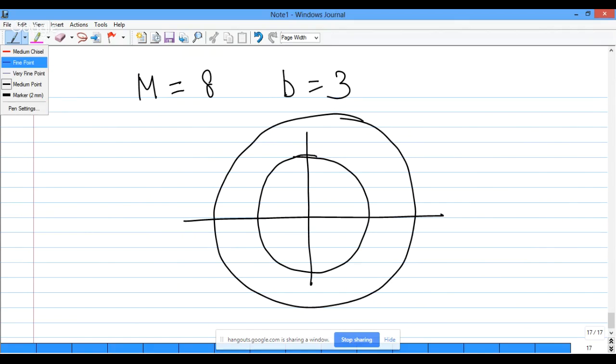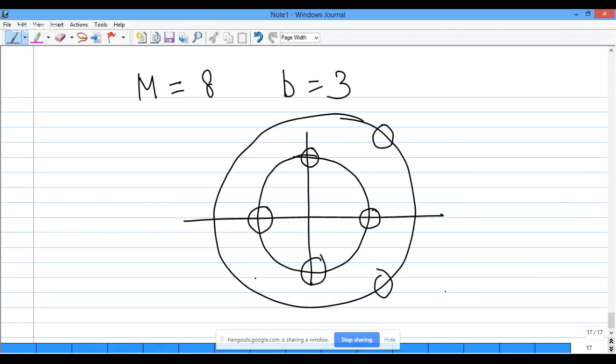So, for example, let's put 4 signals on the inner circle and 4 signals on the outer circle, and let us try to find the probability of error for this 8-point constellation.